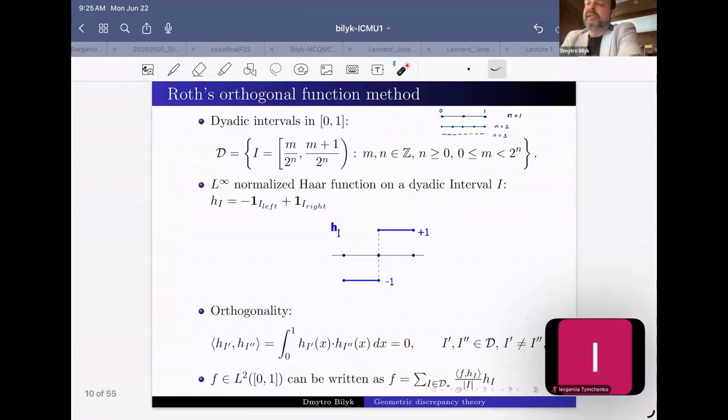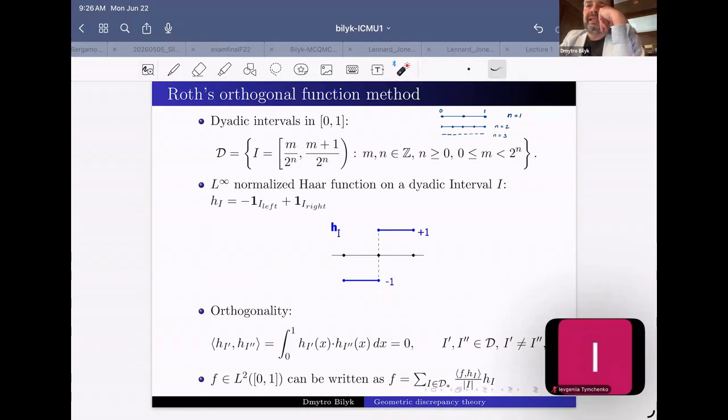All right, so I'll introduce his big contribution here. The big idea was to use orthogonal functions to analyze the discrepancy function, and in particular he used Haar functions.